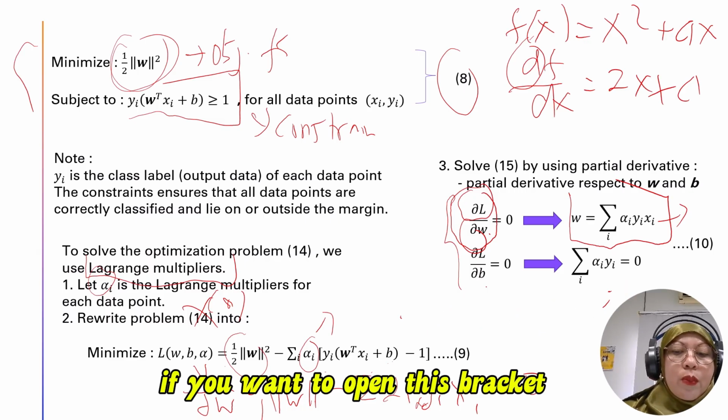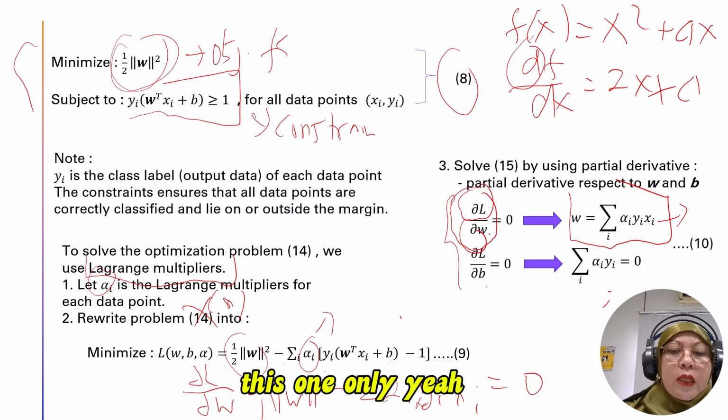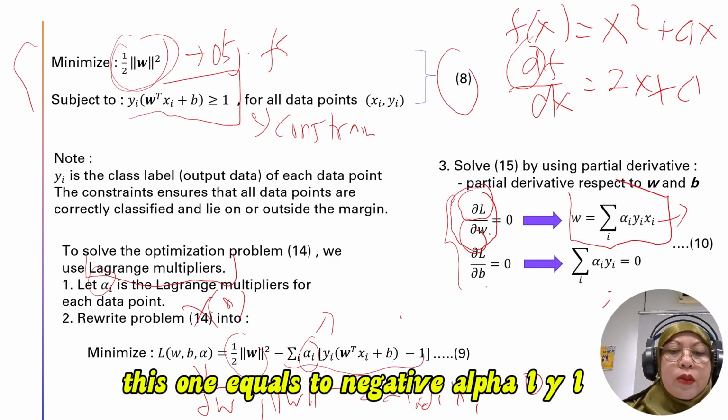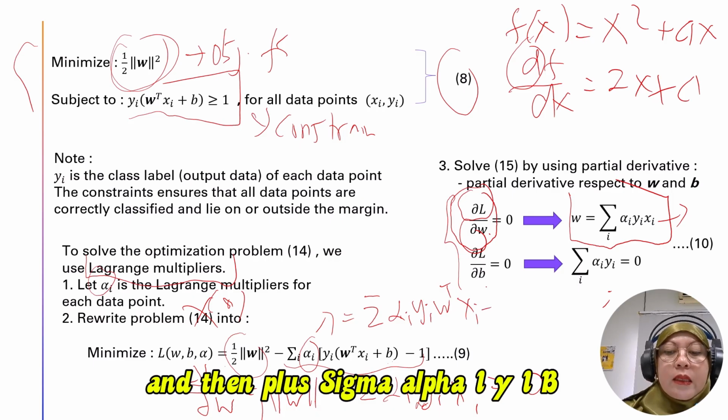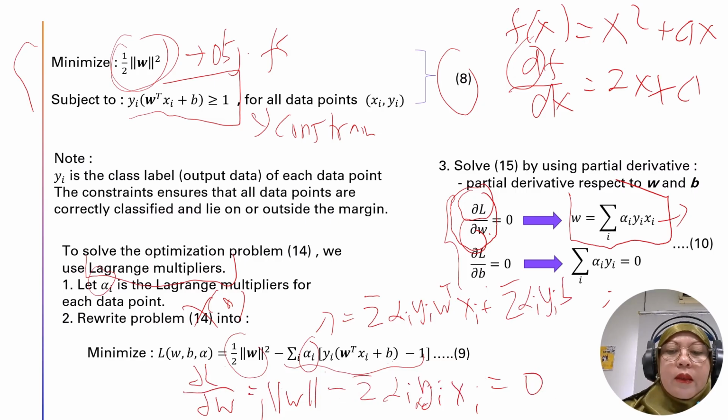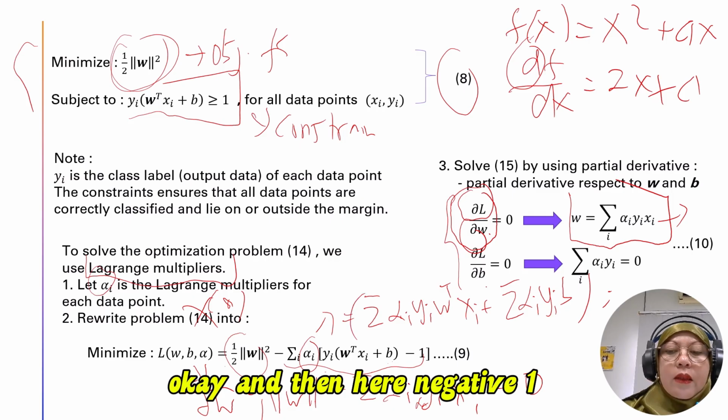If you open this bracket, this one equals negative alpha i yi w transpose xi, and then plus sigma alpha i yi b, and then negative 1 like that.